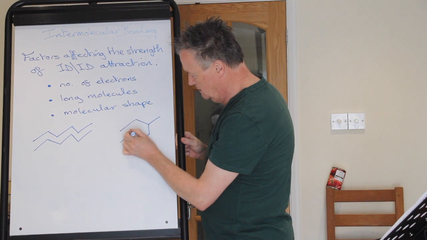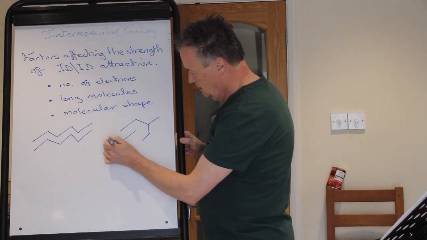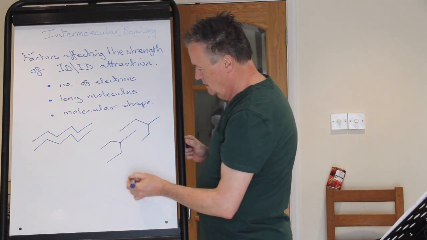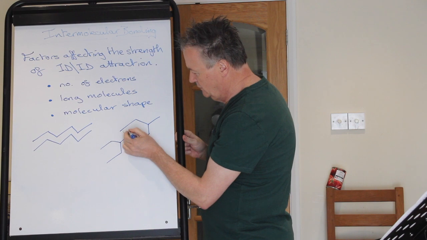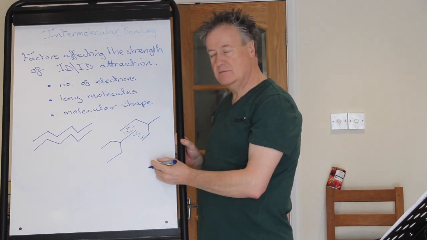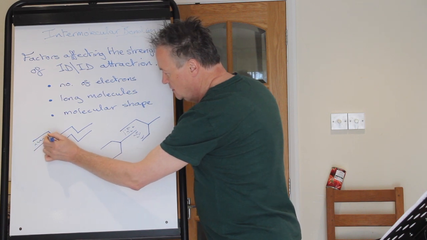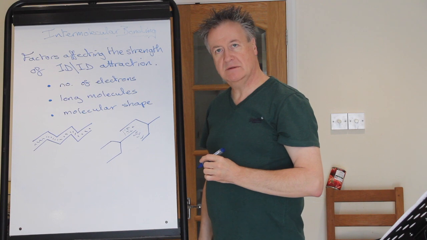You can kind of get the molecule in like that. But the level of contact, the potential areas for contact, is much reduced compared to this one, where you could do ID attractions all the way down the entire length where they're nestled alongside each other.